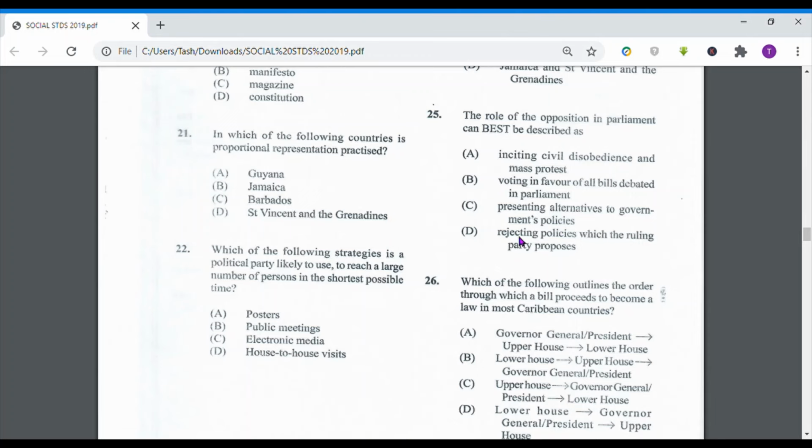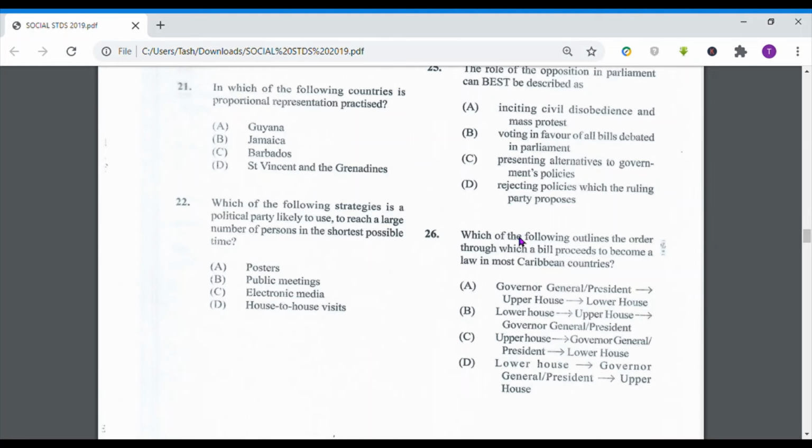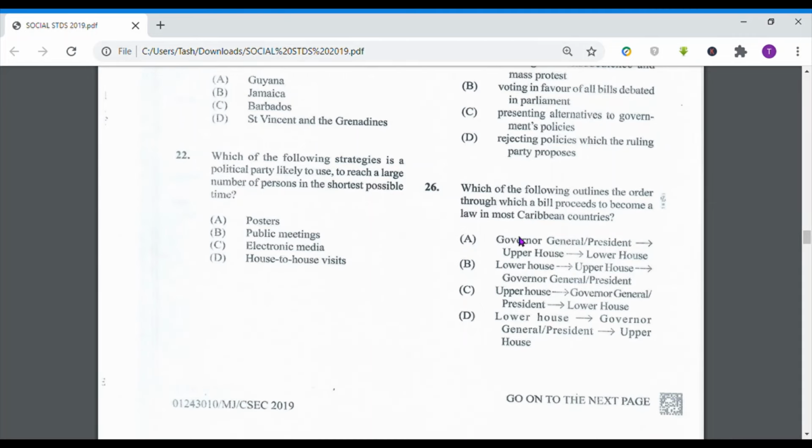26. Which of the following outlines the order through which a bill proceeds to become a law in most Caribbean countries? Alright, this can be a little tricky, but you can think of it this way. The bill would start in the lower house first, because it is lower, then it goes to upper. You know who is basically the head of these countries, which is the representative of the Queen, who is the Governor General.